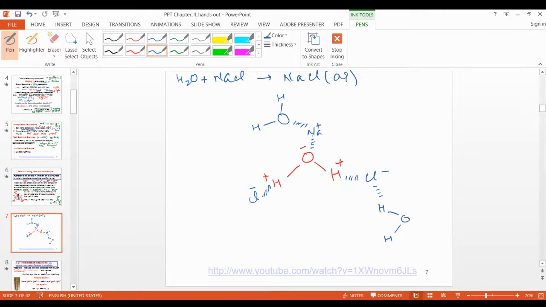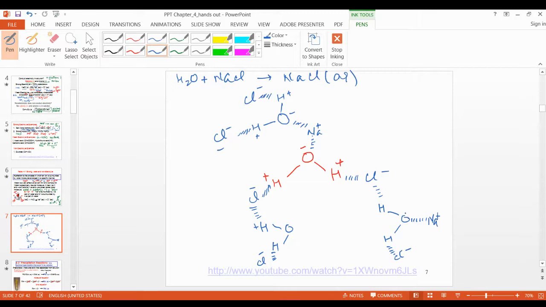It is the hydration process. This will interact with another hydrogen of the water molecule. This will be like that, right? And this oxygen again with Na plus, this hydrogen again Cl minus, this hydrogen again Cl minus, this is plus minus, this is minus plus, this is plus, and Cl minus.